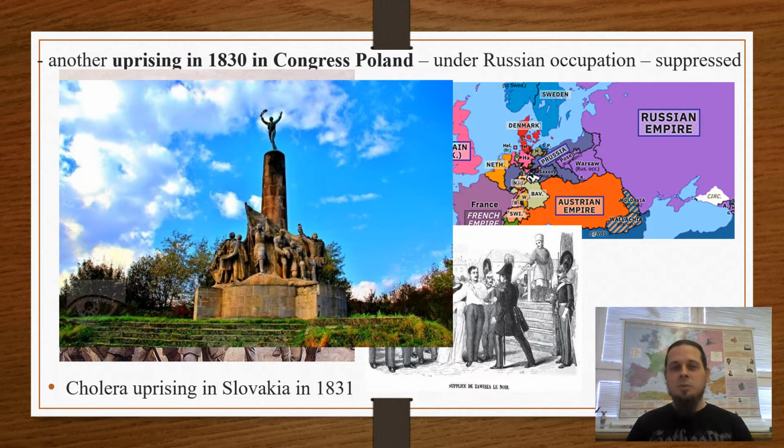As I said, part of this revolutionary wave of 1830 was the cholera uprising in Slovakia. Cholera, or Russian fever, as many people called it, was kind of the pandemic of those times.